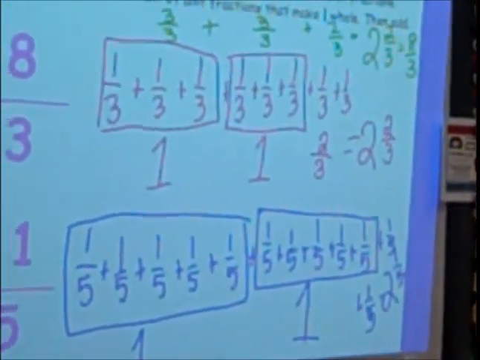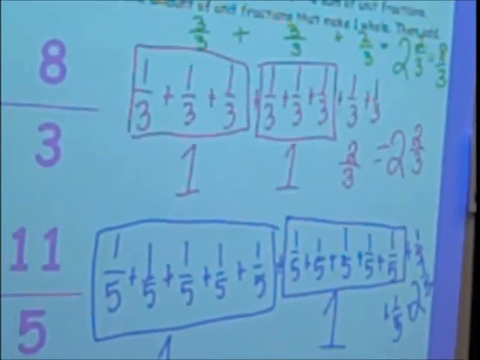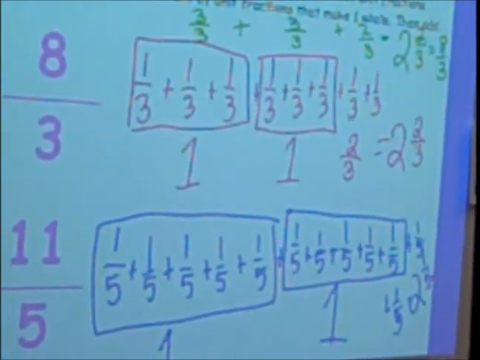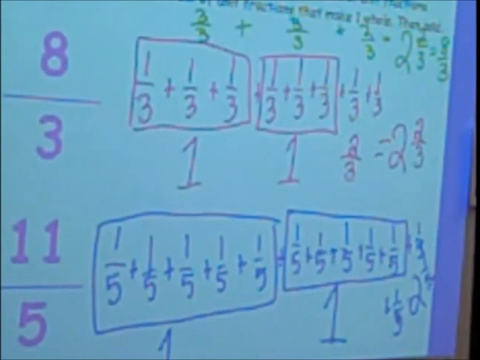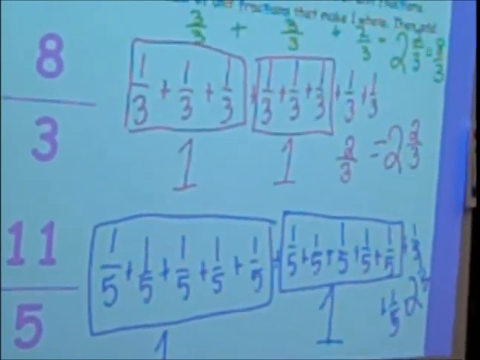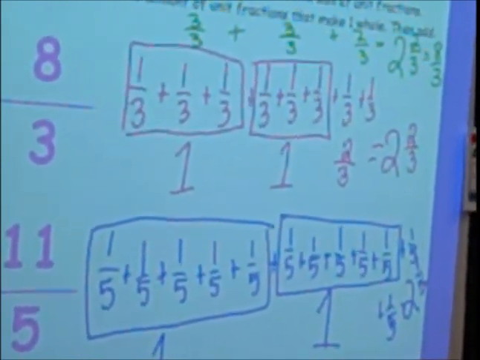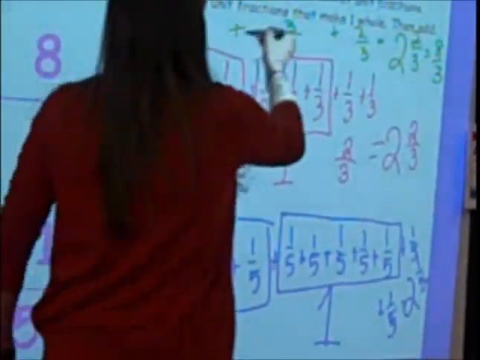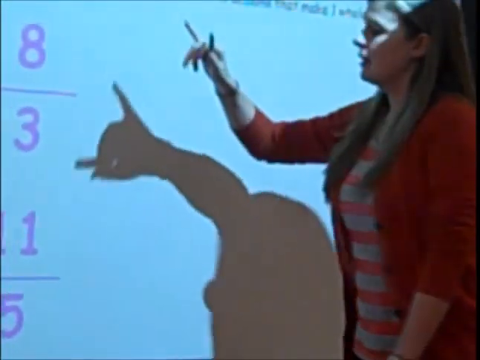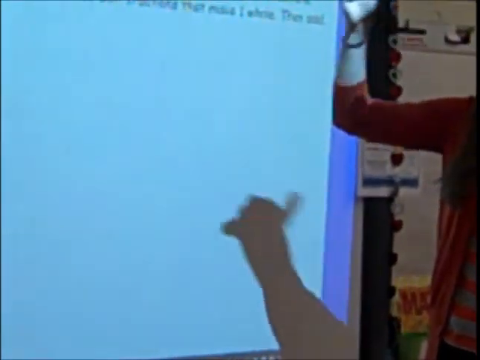So I did see, we look ahead at their assessment when we're planning all of our lessons. So that's one of the first things that we do when we get the unit. We're supposed to long range plan and take a look at what they need to know. So looking at this, I do know that there may be something along the lines of select all answers that would equal 8/3.